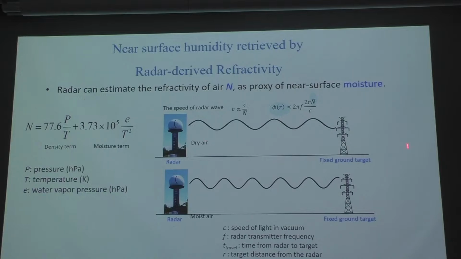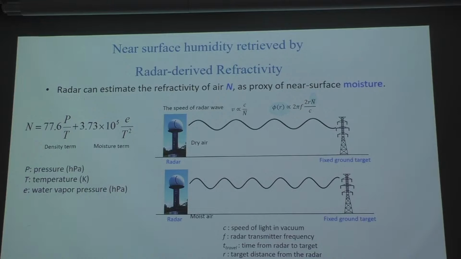On the other hand, those ground targets actually help you to derive the radar-derived refractivity, and then it can help you to retrieve the near-surface humidity. Okay, and compared to other theories or principles of radar meteorology, this idea is relatively new.